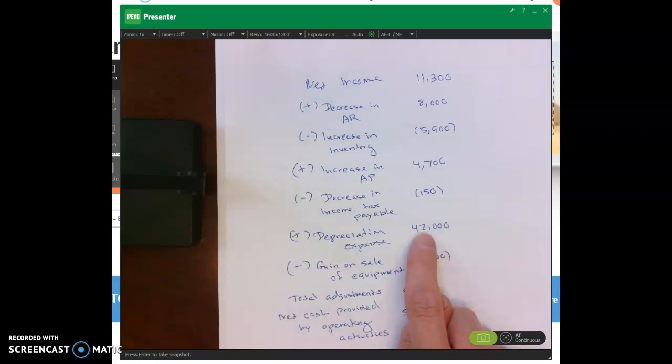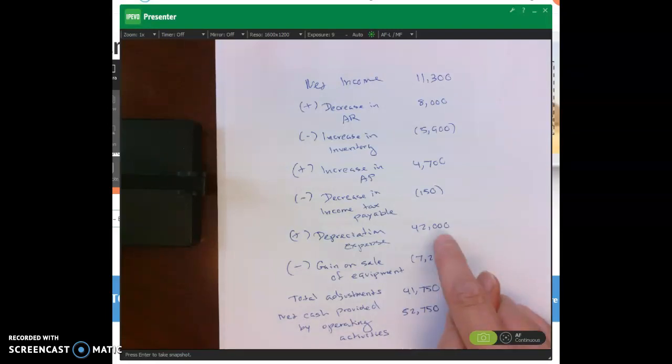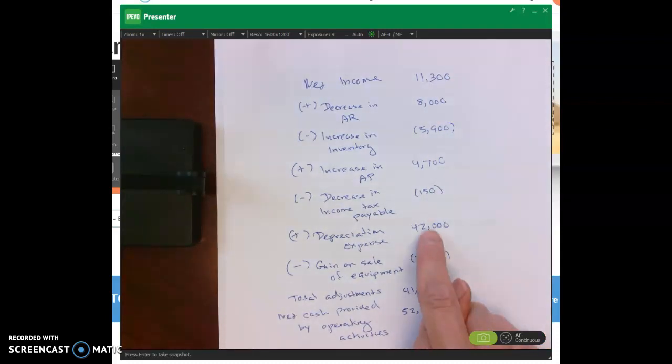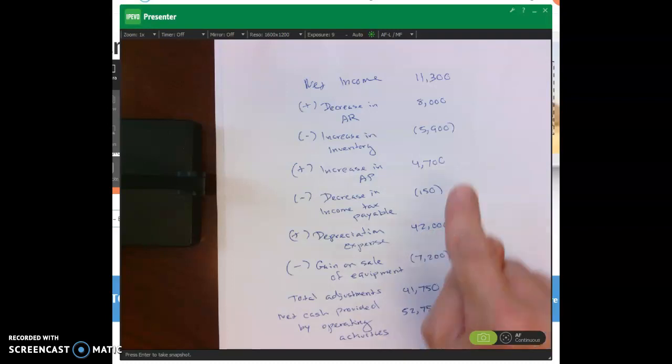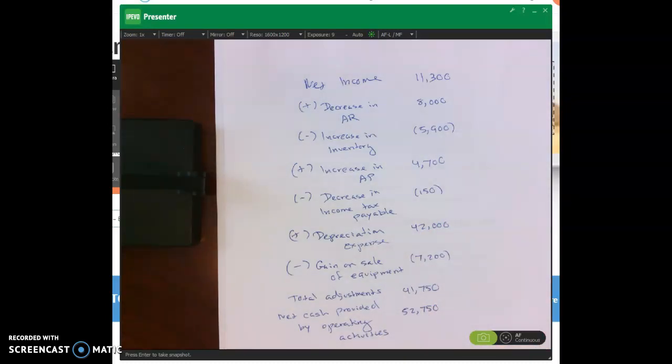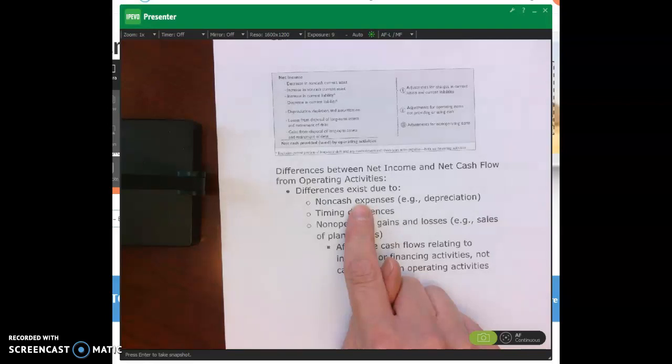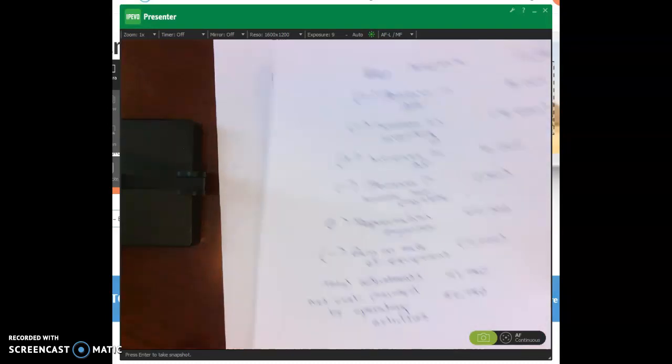The other one is, look at this with depreciation. Non-cash expenses, right? They pull down net income, but because they're a non-cash expense, we add it back to net income to show us how much cash we actually got from operating activities. So when you look over here, non-cash expenses, timing differences, also non-operating gains and losses.